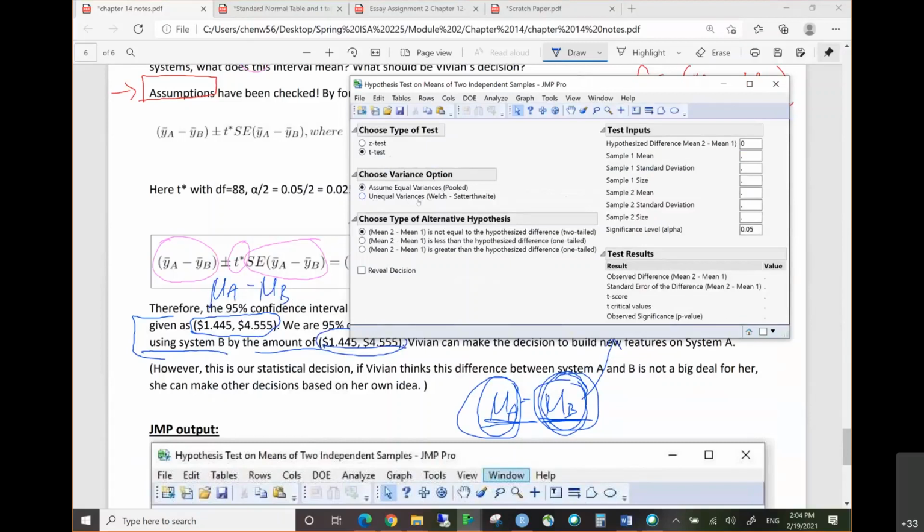This option is about two ways of doing the two-sample t-test. What we learned here assumes the population standard deviations are not equal, so we just choose unequal variances. Then we choose the type of the alternative hypothesis. Again, you need to figure out whether you want to test the two-tail, the left-tail, or the right-tail hypothesis.